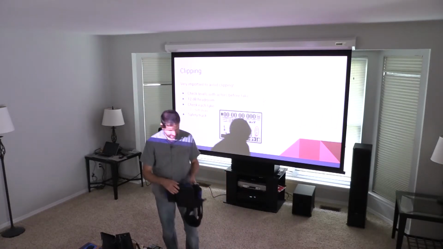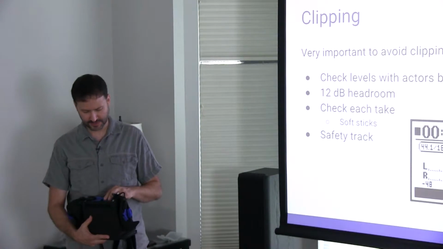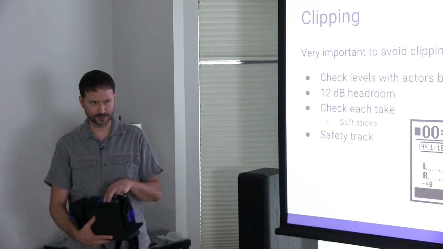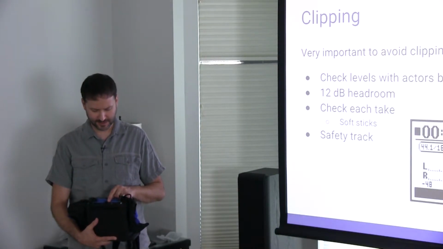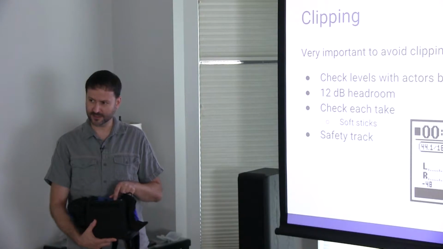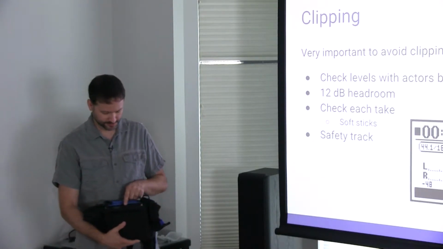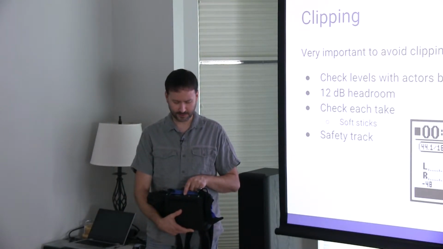And so what I do is, it's not labeled in here as safety track. It's labeled as dual channel, dual input recording. But if I turn that on, then it steals one of these other inputs. So if I turn on dual recording on track 1, input 1, it will record on input 1 and also on input 3.